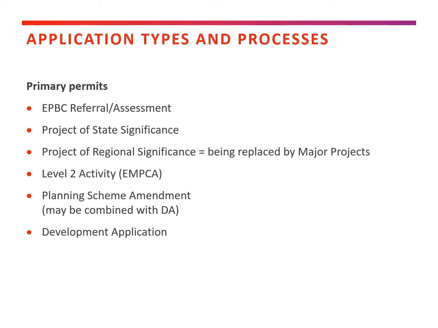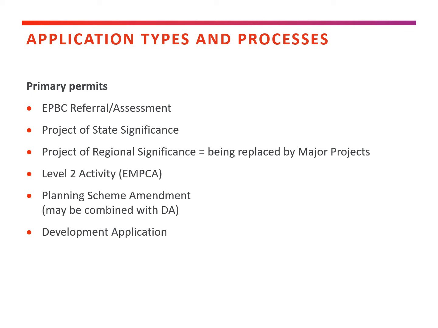This is also the place to talk about the Environmental Management and Pollution Control Act, because there are occasions when a planning application will trigger environmental processes. If you've done environmental impact assessment, this is a whole unit that we do to talk about how EMPCA works and what level 2 activities are and what the process is.